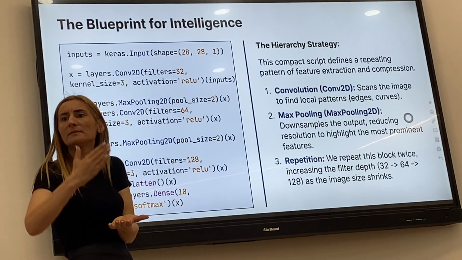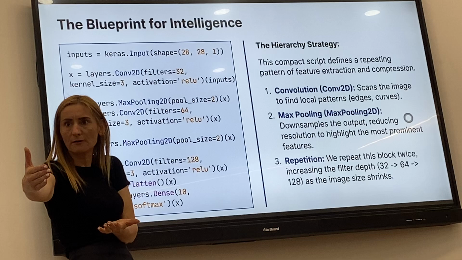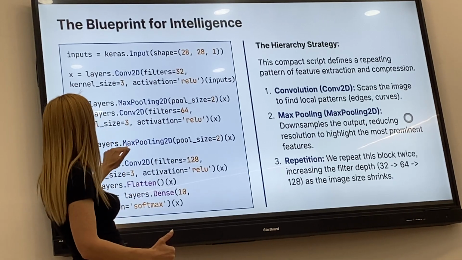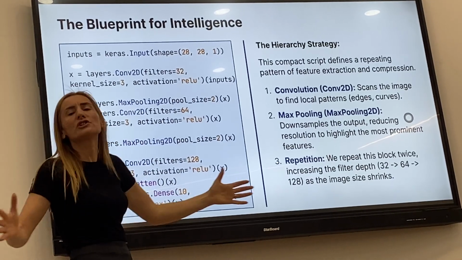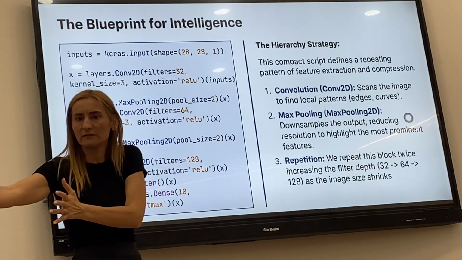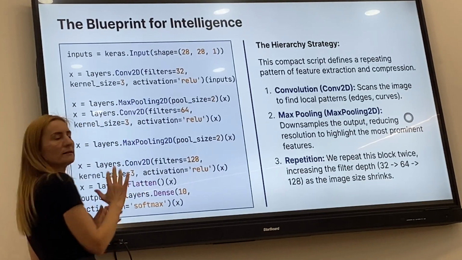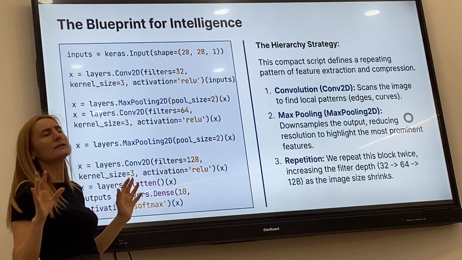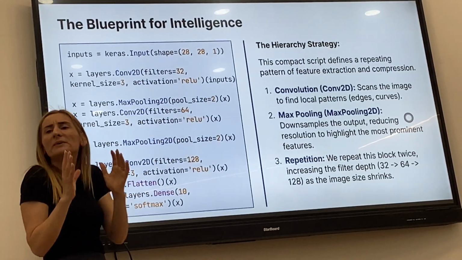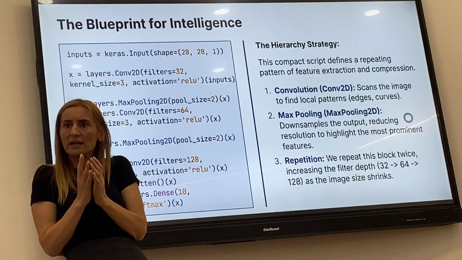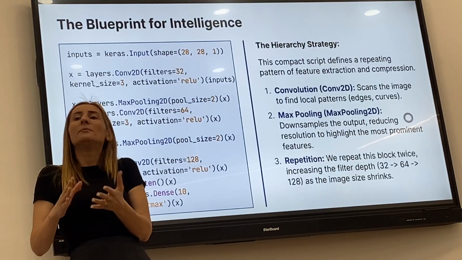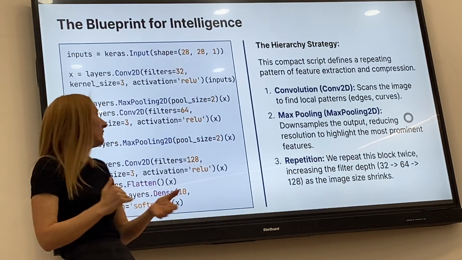So this means that we are going deeper. And what do we do next? After that, we still want to shrink again the size from 11 to 5. How can we do it? We do it using the max pooling, and we keep the same pool size equal to 2. So we are repeating that process, but we are increasing the number of the filters.